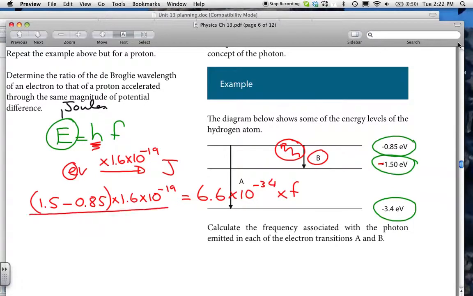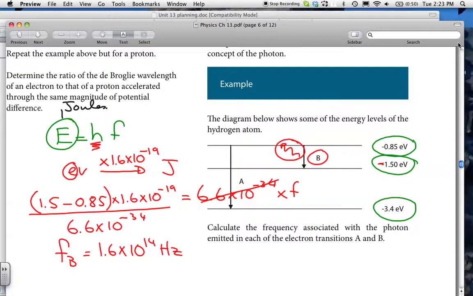We divide by the 6.6 times 10 to the negative 34, and we get our frequency. Once you do that on your calculator, for B, the frequency is about 1.6 times 10 to the 14 hertz.